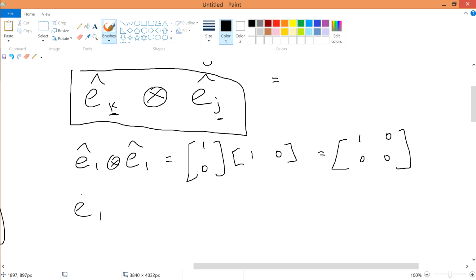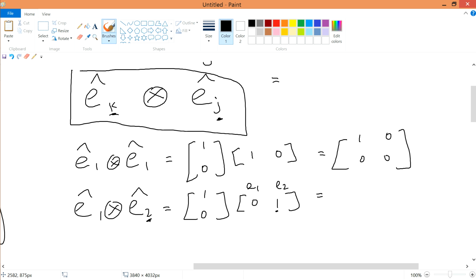Now the next one, E1 E2. Now j is 2, so I would have 1 0 0 1 in this case. Because this is E1 and this is E2, E2 is times E1, there's no E1 anymore in the j axis.